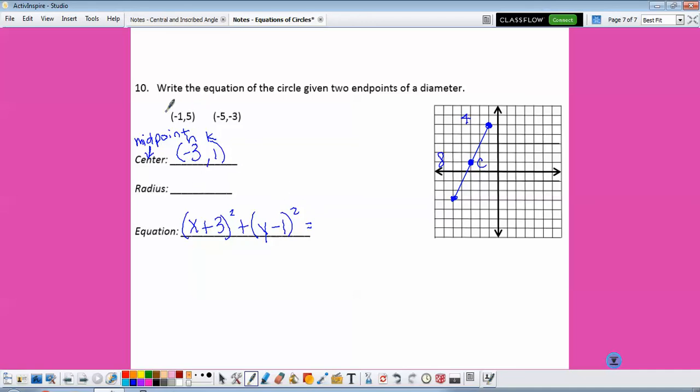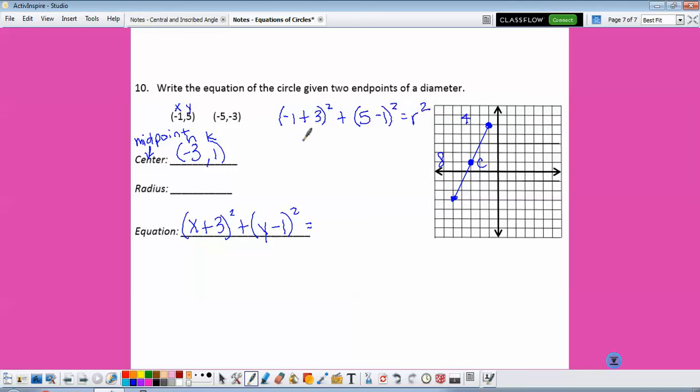So we're going to plug one. You can use either of these points as your x and your y. I'm just going to use these ones because they were first. So negative 1 plus 3 squared plus 5 minus 1 squared equals r squared.